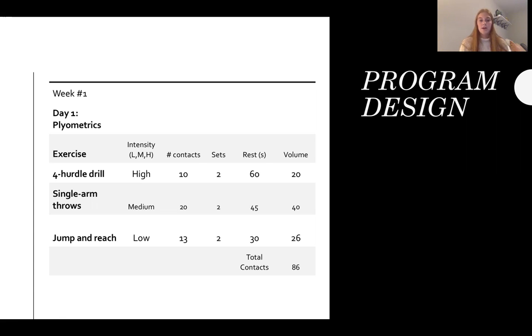I talked about number of contacts earlier, and that is something important to consider. And rest is also something that is very important to consider when you're designing a program, as well as volume. And exercise selection depends on the sport as well. Since this person is a pitcher, their lower body and upper body are being used a lot. So I made sure to implement exercises that would benefit that athlete.